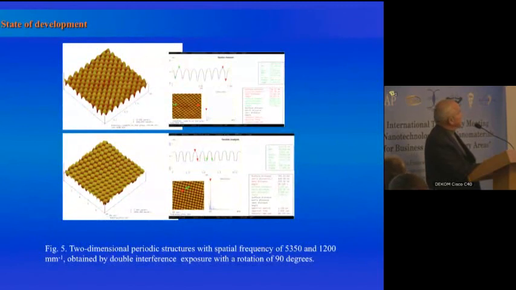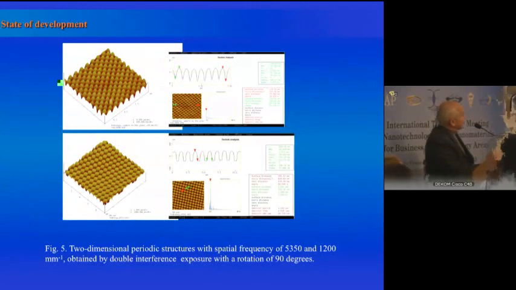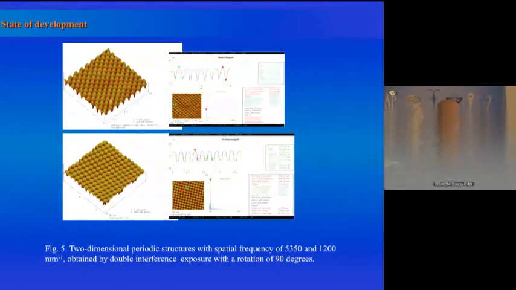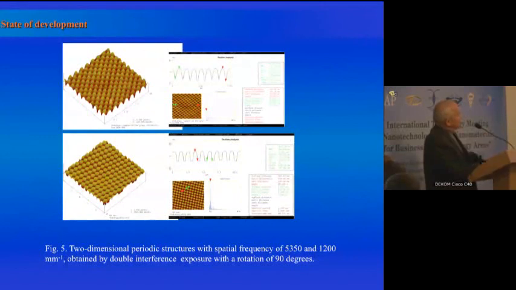Interference lithography allows us to obtain not only a simple structure, but more complex structures with multiple exposition or exposition with several beams. And this shows some binary structures with a double exposition and with a slope of 90 degrees, high frequency and more low frequency, submicron, 400 nanometers with rectangular angle.